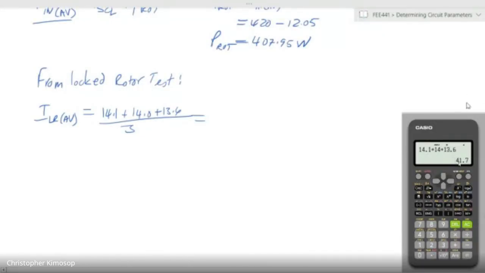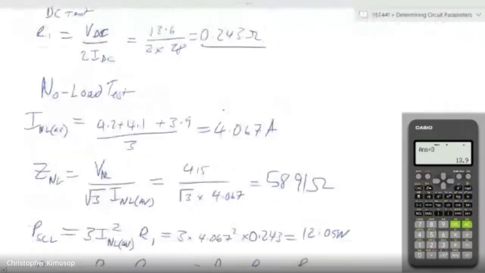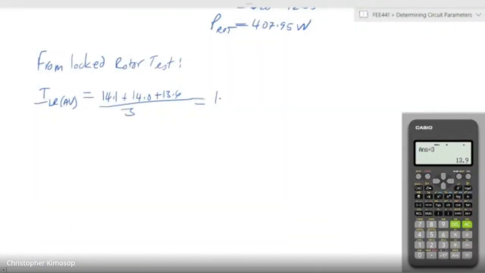That gives us 41.7 divided by 3, which is the average. You get 13.9 amps.